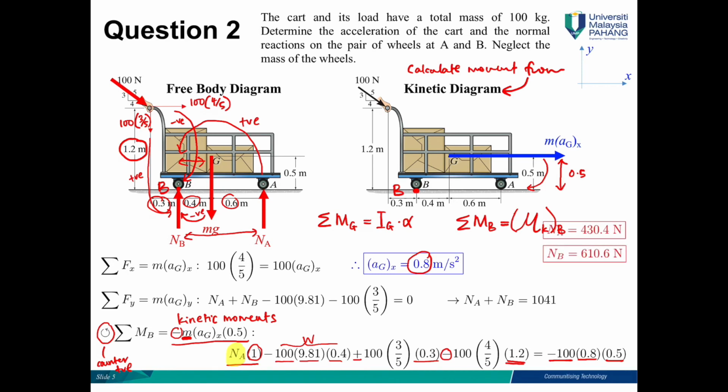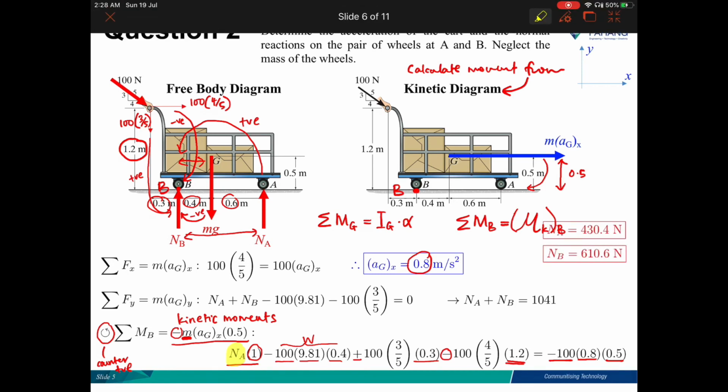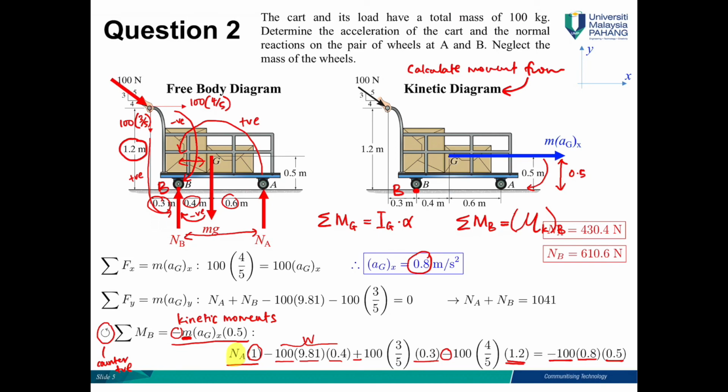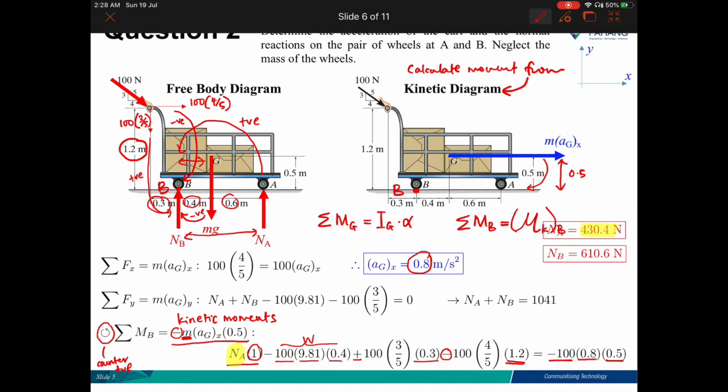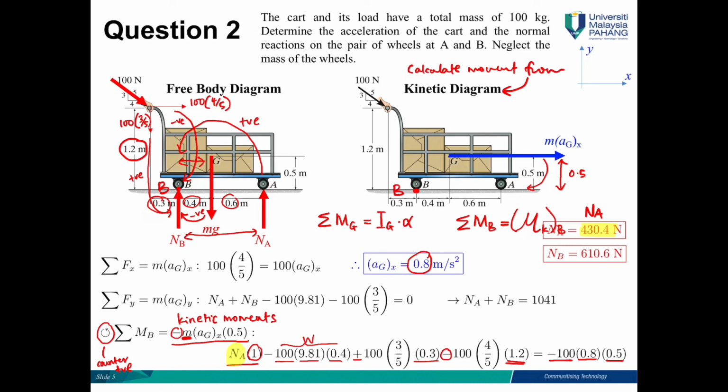So straight away we will get the value of N_A, which is equal to 430.6. All right, this is N_A, 430.6 Newton. And when we have the value of N_A, we can substitute this in this equation to get the value of N_B.